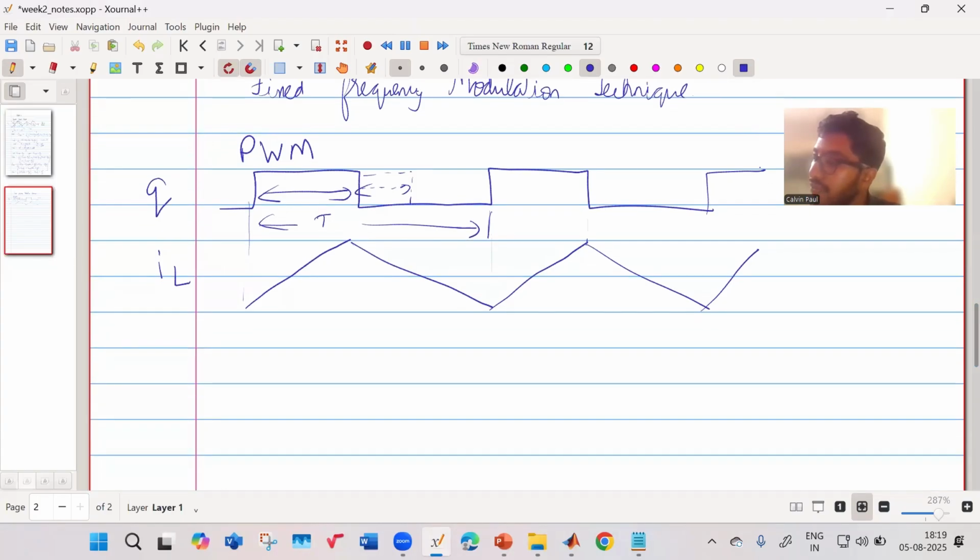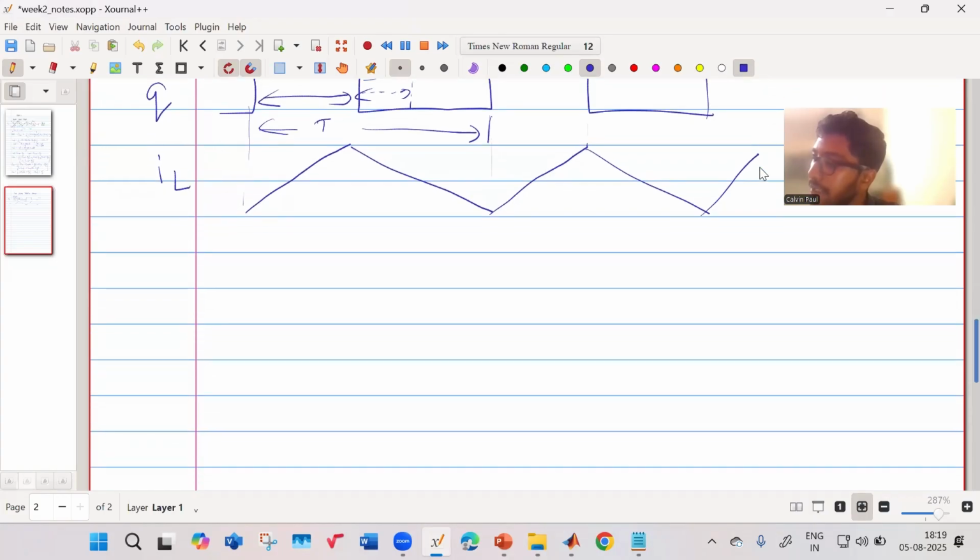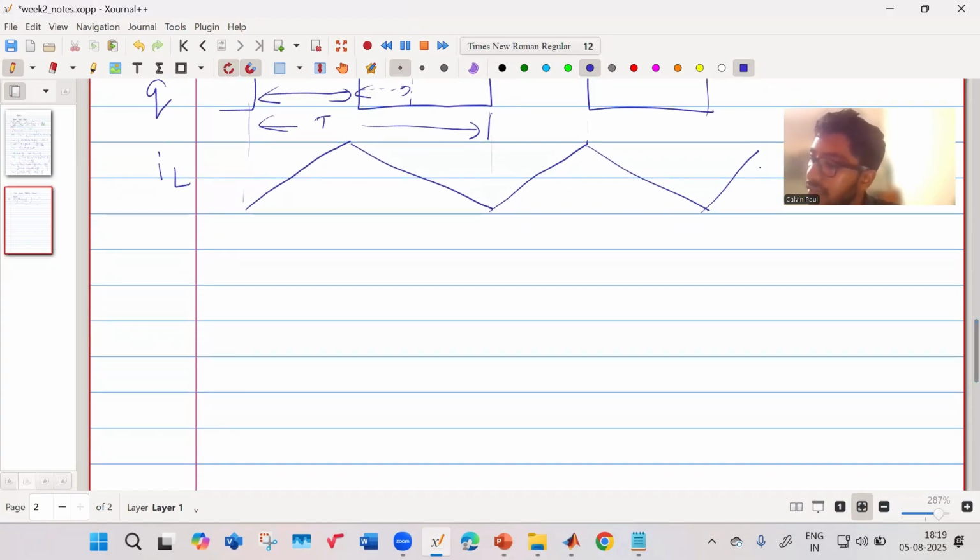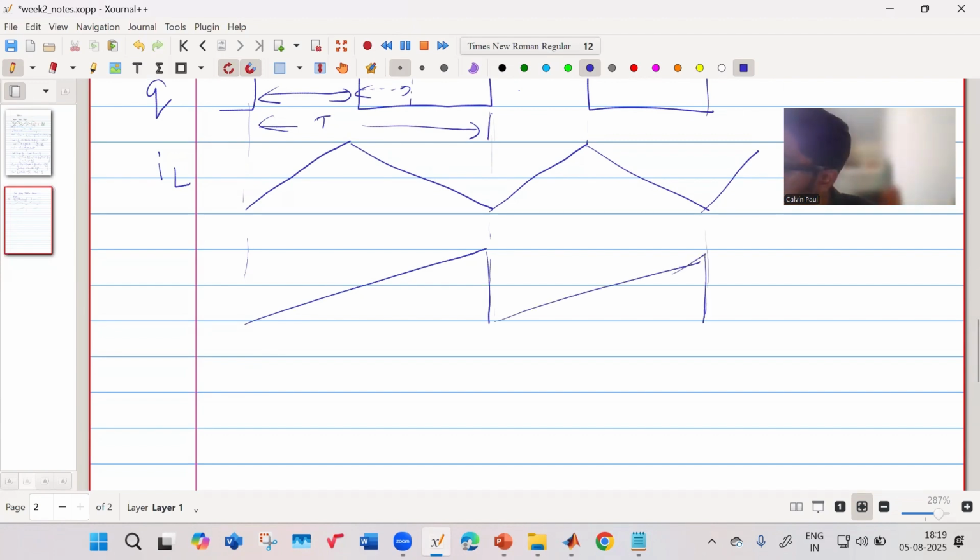So for that, what is done is we will have one signal. This is the time period. We will have one signal going like this. This is our ramp signal going from 0 to, let us say, V max.